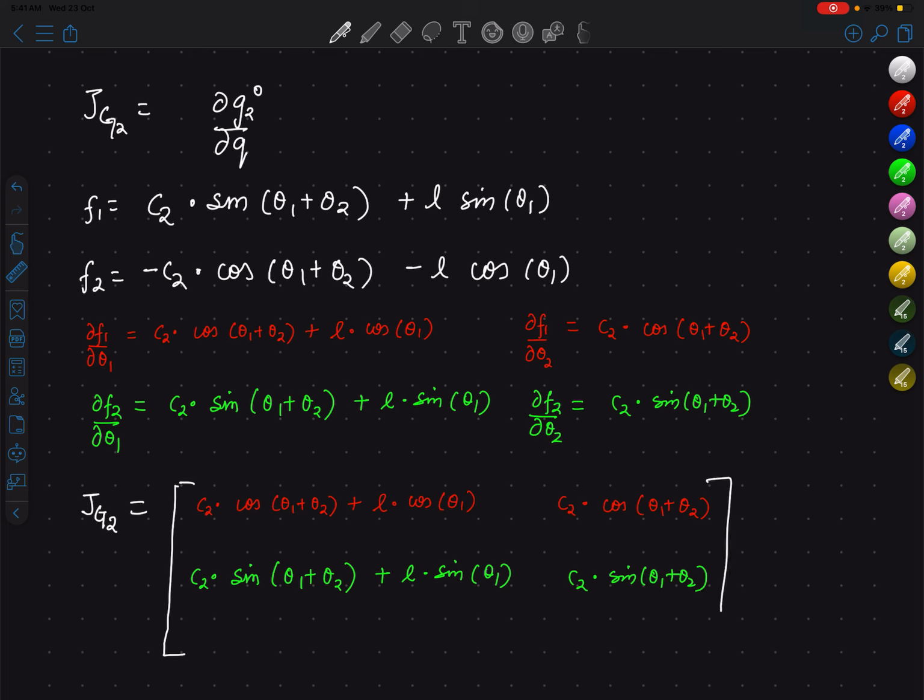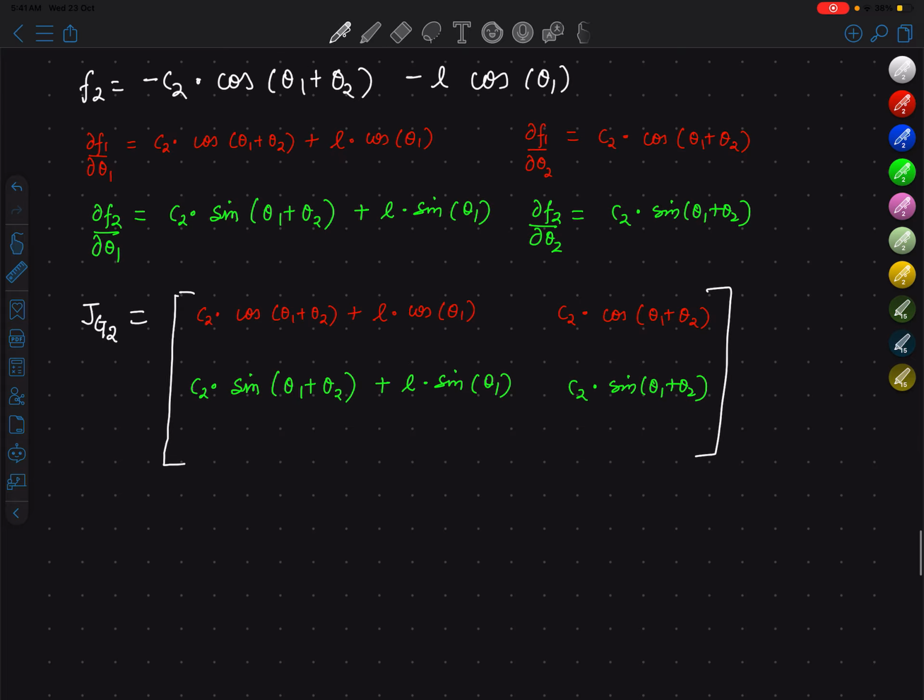Okay, so this is JG2. So I have calculated this. We have calculated the Jacobian. Now let's calculate the velocity.